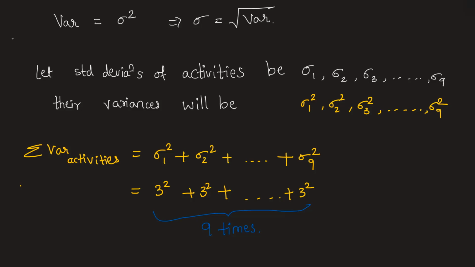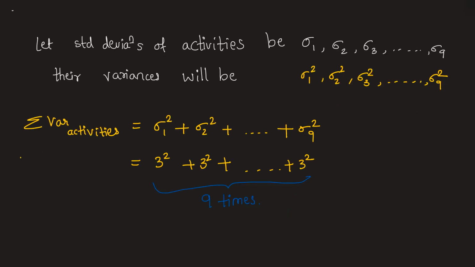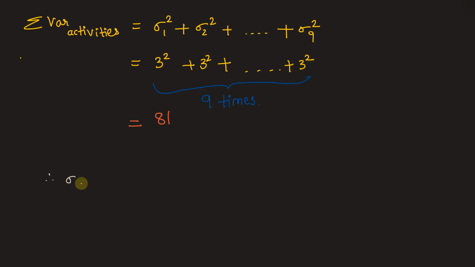Adding all of them, we will get the summation of variance of activities to be 9 into 9, 81.